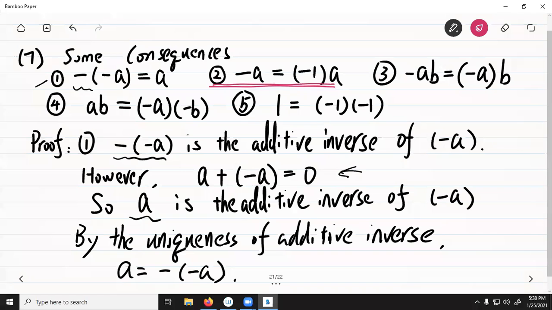If A plus negative 1 times A equals 0, that means negative 1 times A is the additive inverse of A, and negative A is also the additive inverse of A. So by the uniqueness, they must be the same. This is the idea, similar to the previous one. We have the same number, but they have different forms of the additive inverse. So at last, by the uniqueness, these two forms should be the same. So this is the idea we have.